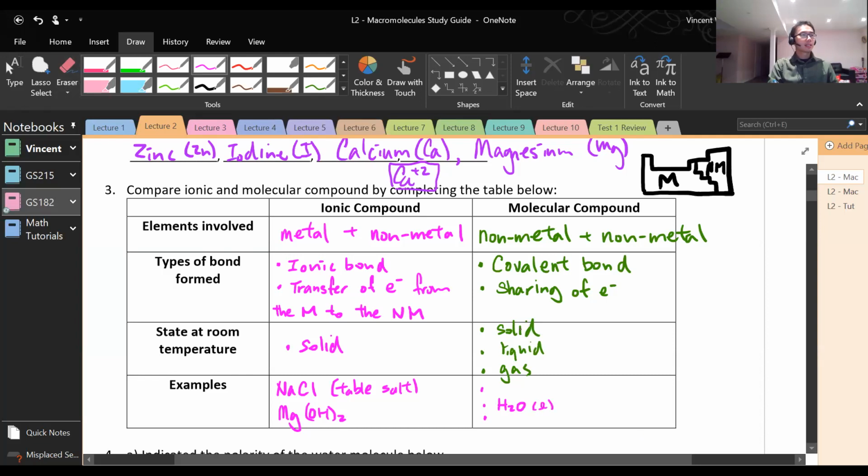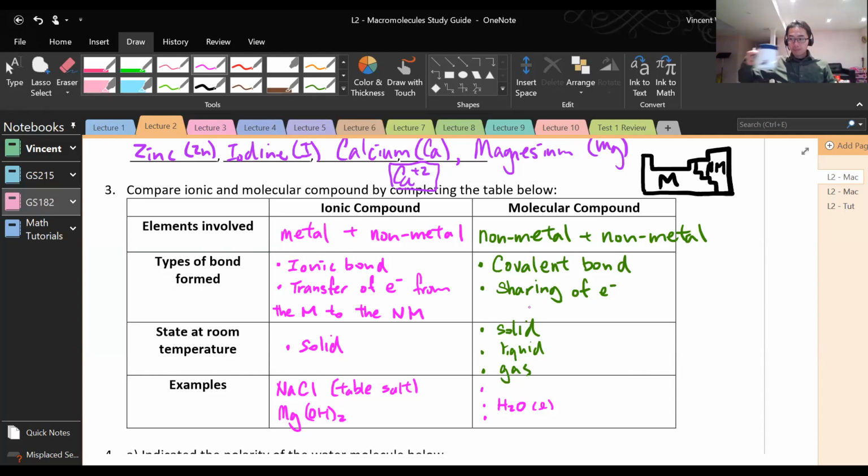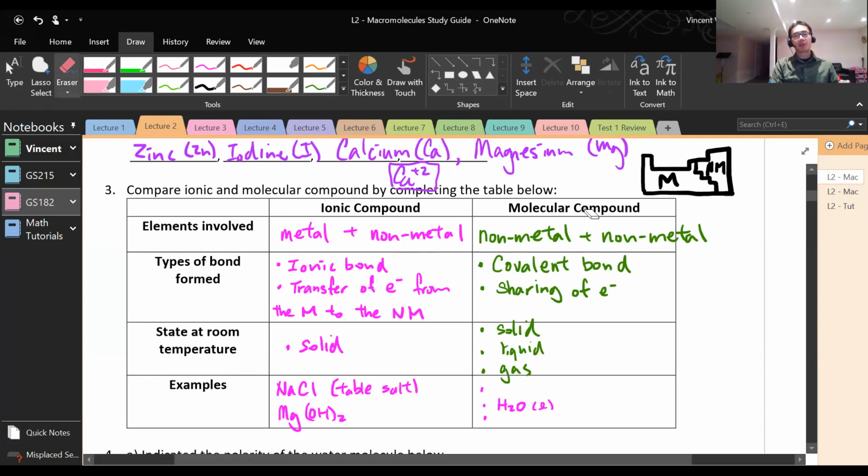How about a solid? Anybody know a solid molecular compound? Gold is an element, so it's not a compound, not a molecular compound or ionic compound. A good try though. Yeah, CO2 for gas from Sierra. That is carbon dioxide.